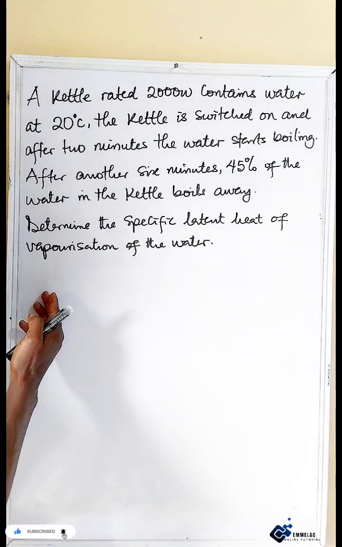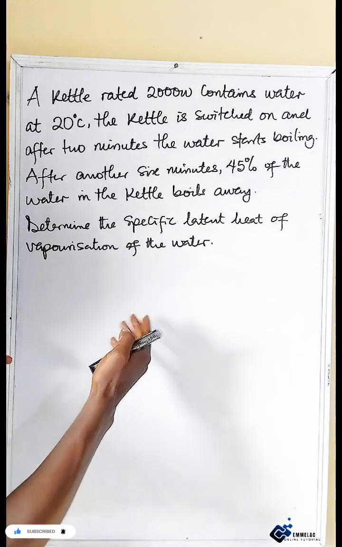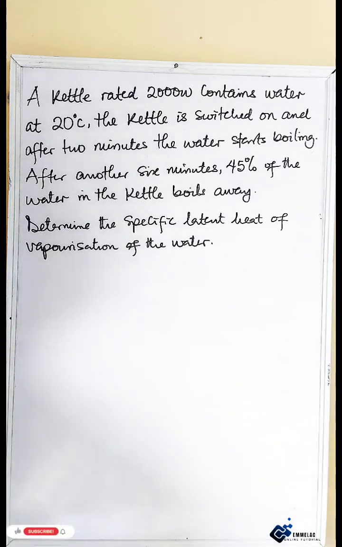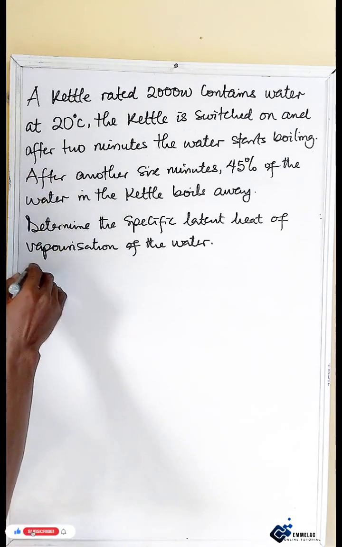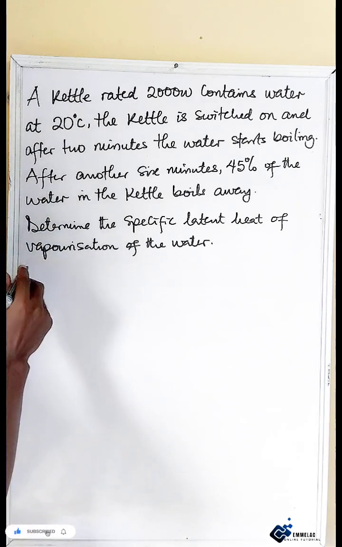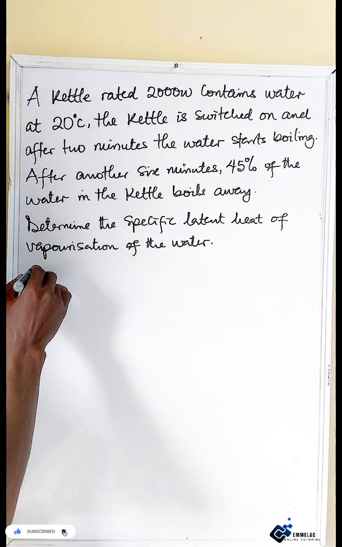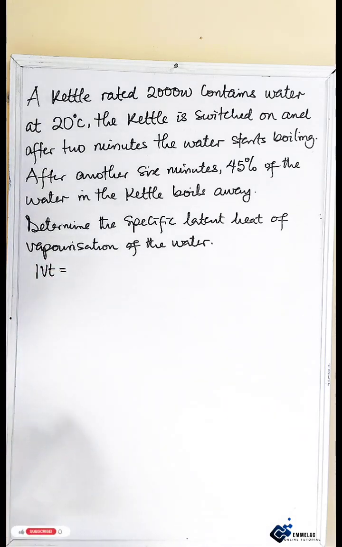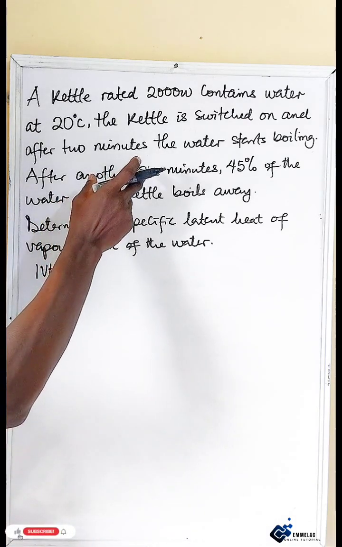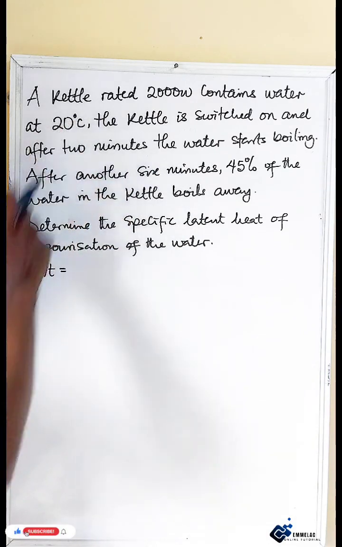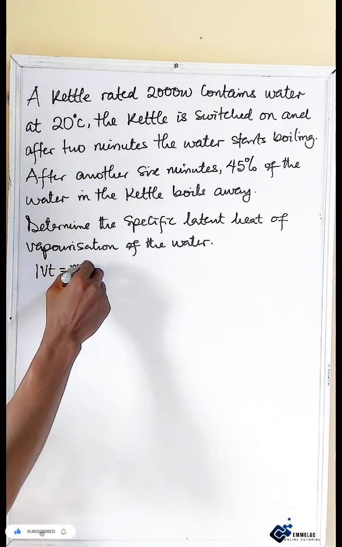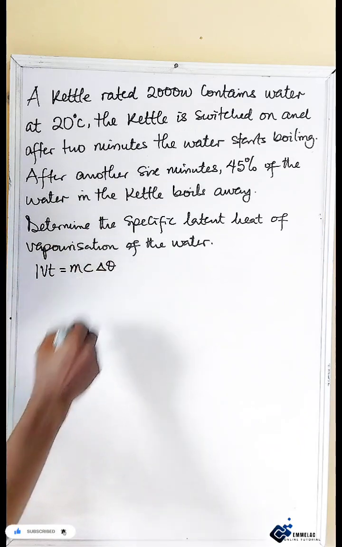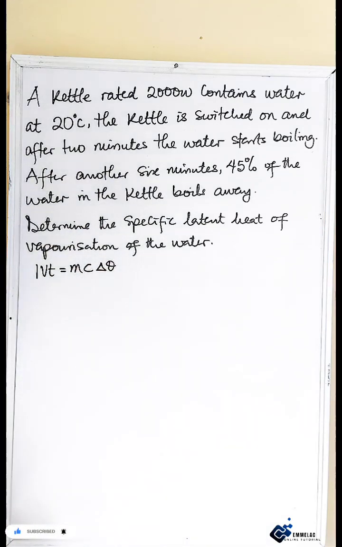Which implies here that the electric energy delivered by the kettle, given as IVT, equals MC change in theta, the quantity of heat absorbed by the water.